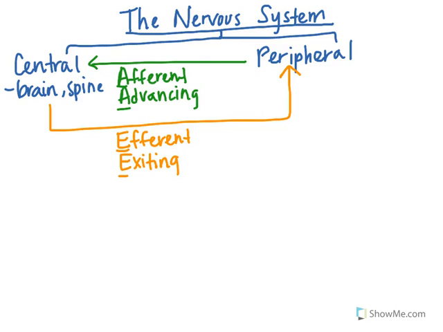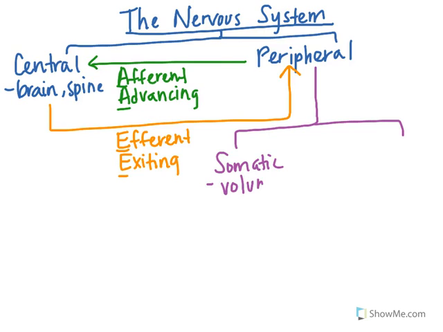Okay, so moving on. Within the PNS are two divisions: the somatic nervous system, which governs skeletal muscles involved in voluntary movements, like walking and waving and things of that nature.